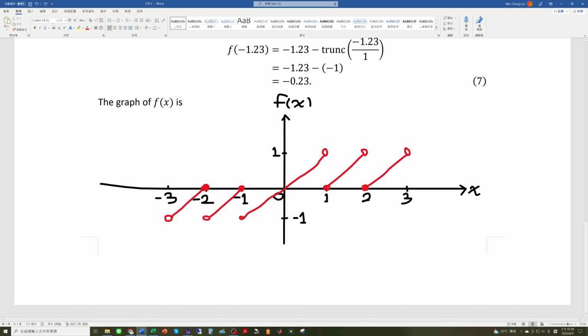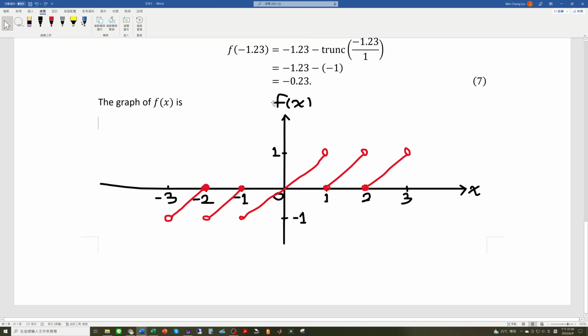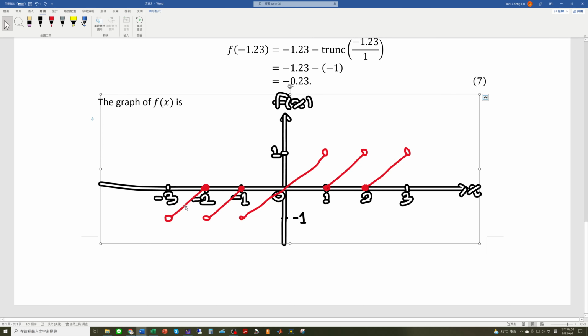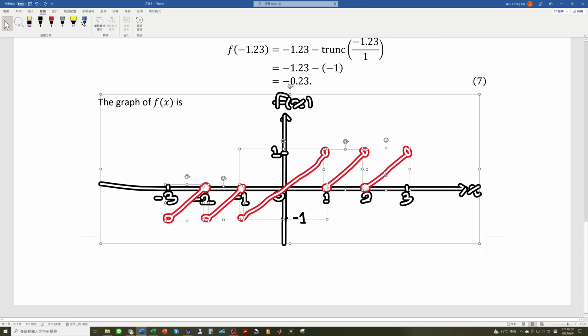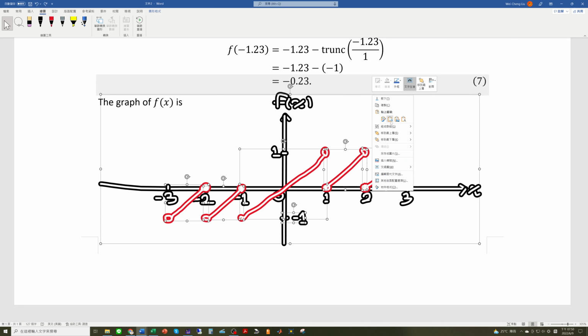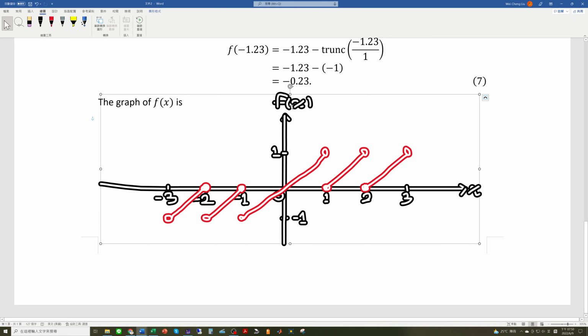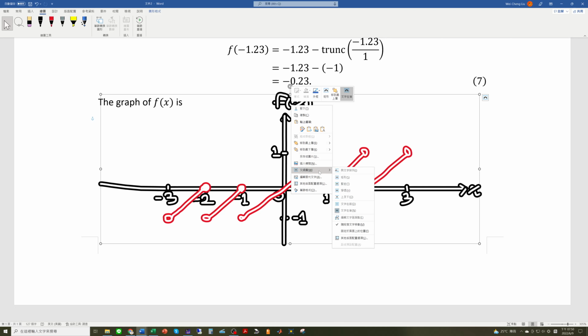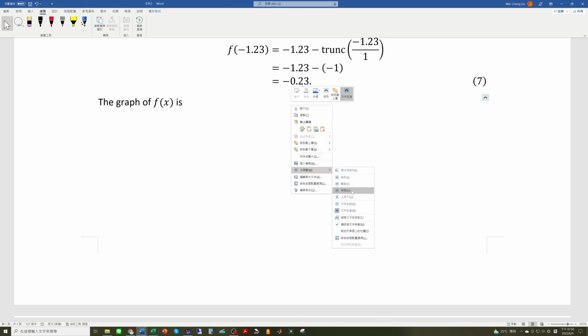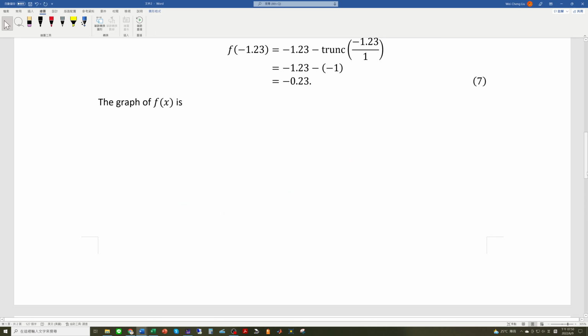So let me choose this figure. Good. So I should select all the things and combine this into a group, and 上及下.